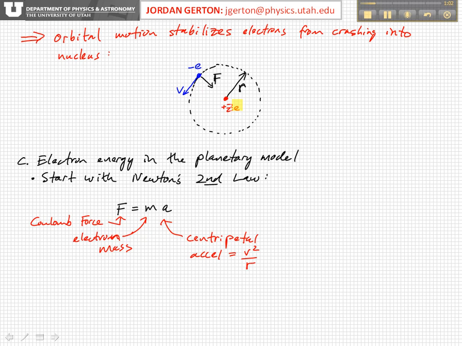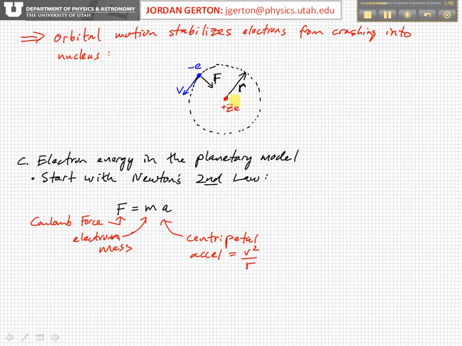The electron is the only thing that moves, and it turns out that is a good approximation when the nucleus is much heavier than the electron, which is essentially always the case, because a single proton is something like 2,000 times more massive than an electron, and so the center of mass is actually very close to the nucleus.